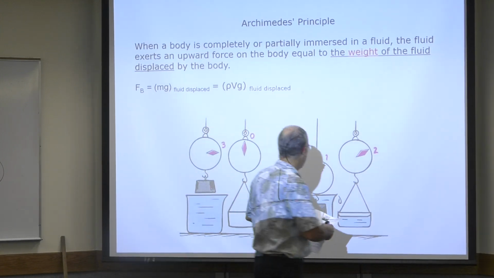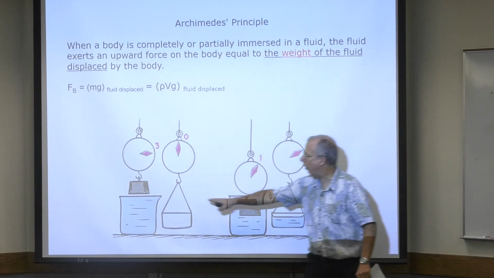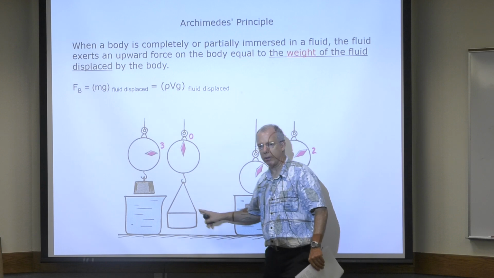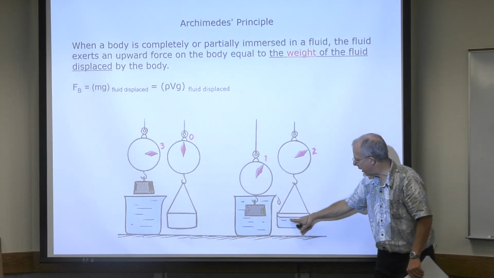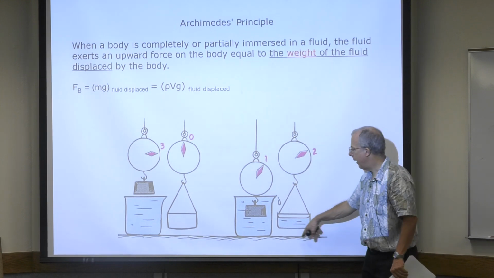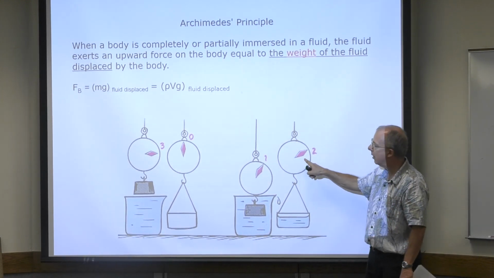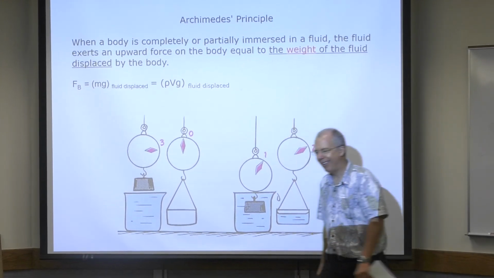Well, what happened to that 2? This container was full, correct? So when you put the object inside, some of that water has to go out. So this object displaced this much water, and the buoyant force is equal to the weight of the fluid displaced. 2. Great.